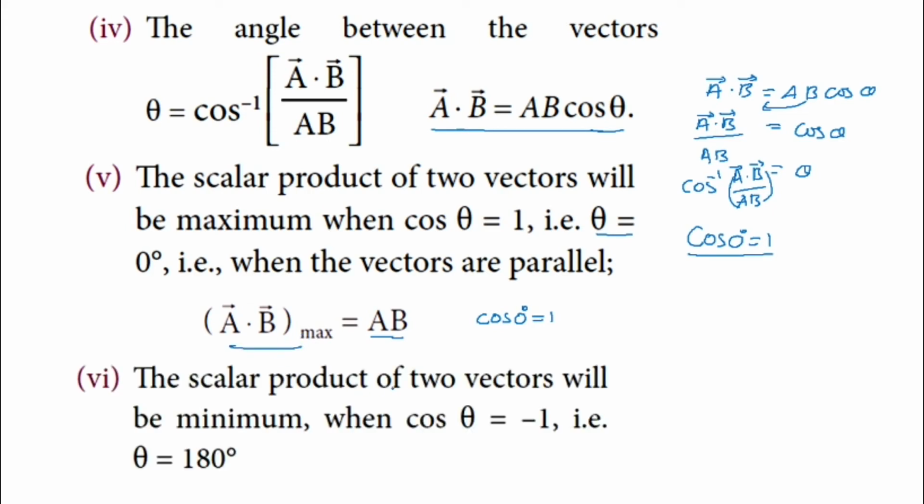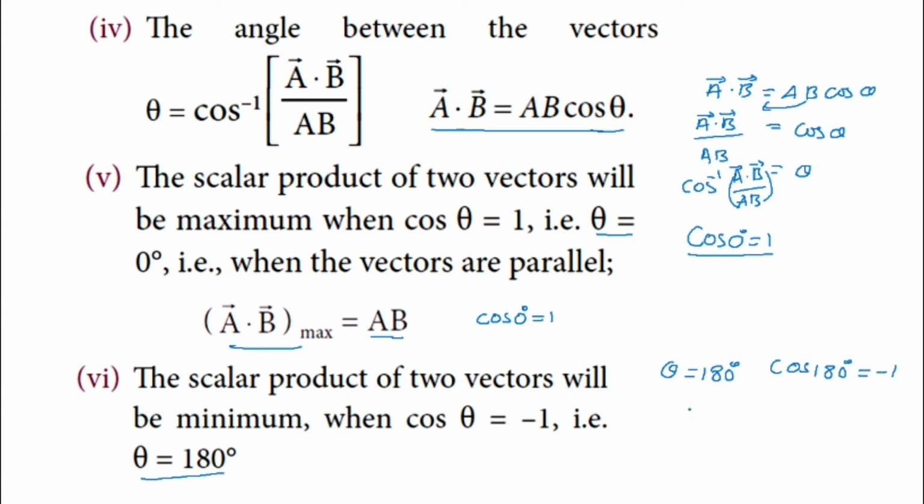The scalar product of two vectors will be minimum when cos theta is equal to -1, that is theta is equal to 180 degree. So theta equal to 180 degree means cos 180 degree gives -1.